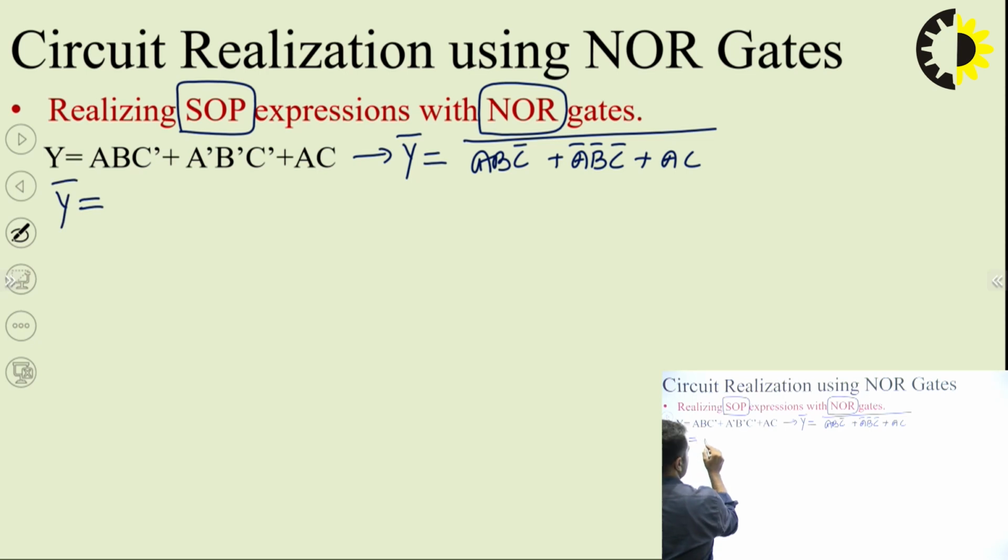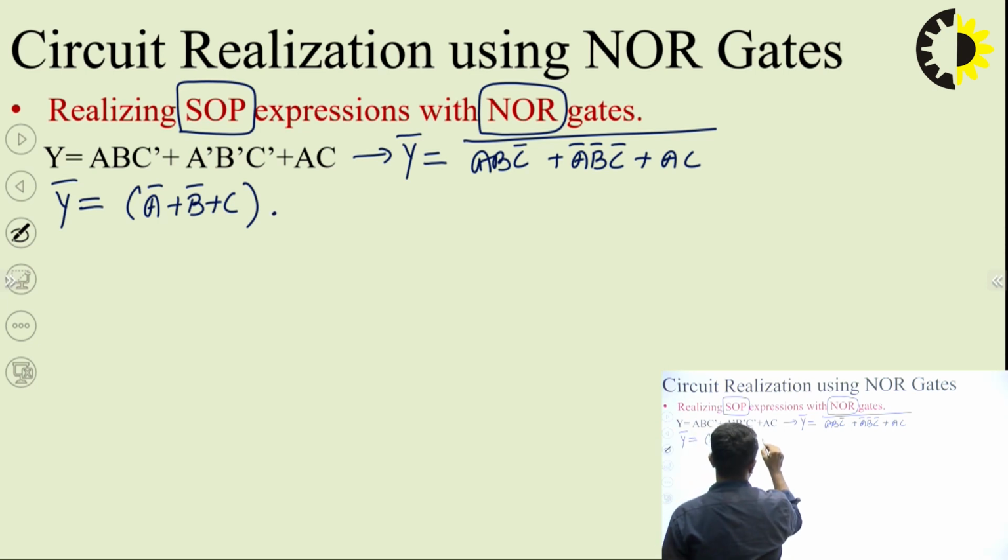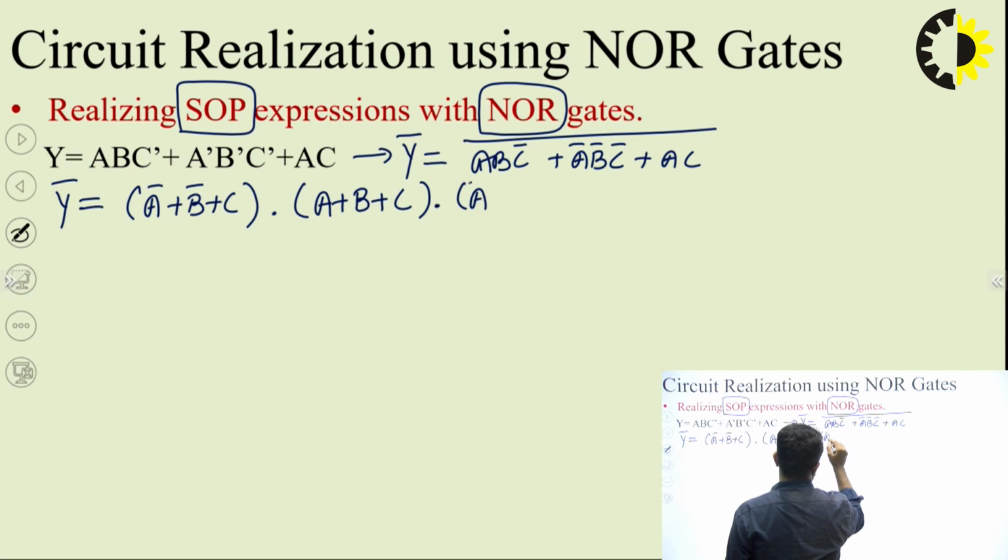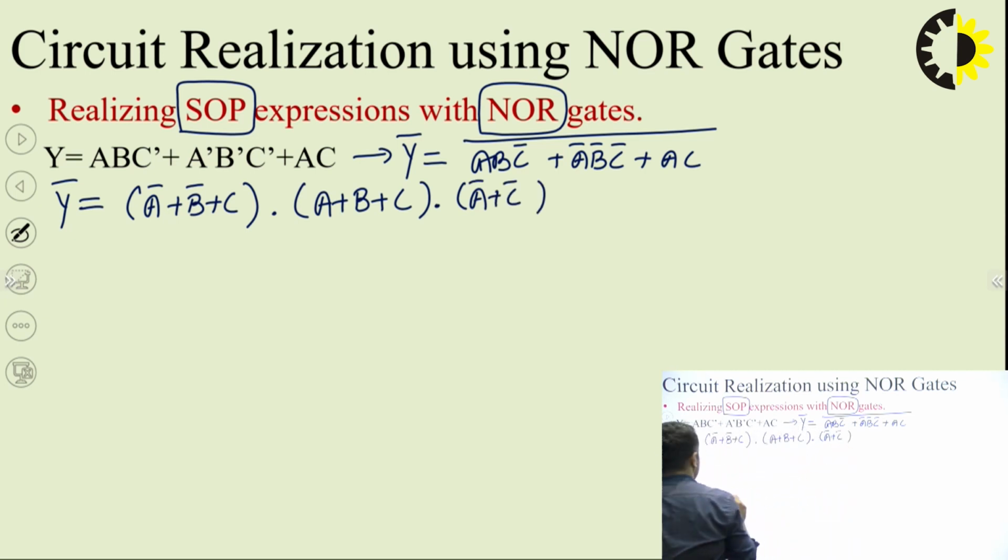Y bar is equal to A complement plus B complement plus C double complement, which will be equivalent to C. Similarly, A plus B plus C and A complement plus C complement.